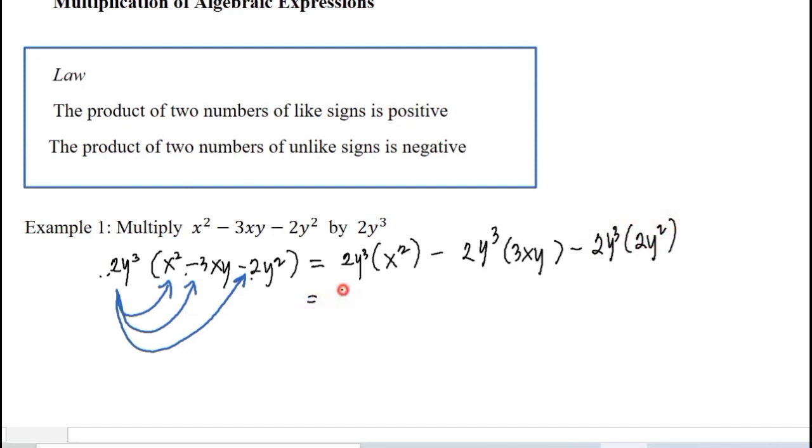So this is equal to 2x squared y cubed minus 2 times 3, that's 6, x, and for y, that's 3 plus the exponent of 1 here, so that's y to the 4th. 2 times 2, that's 4, add the exponents of y, 3 plus 2, so that's y to the 5th, and this is our answer.